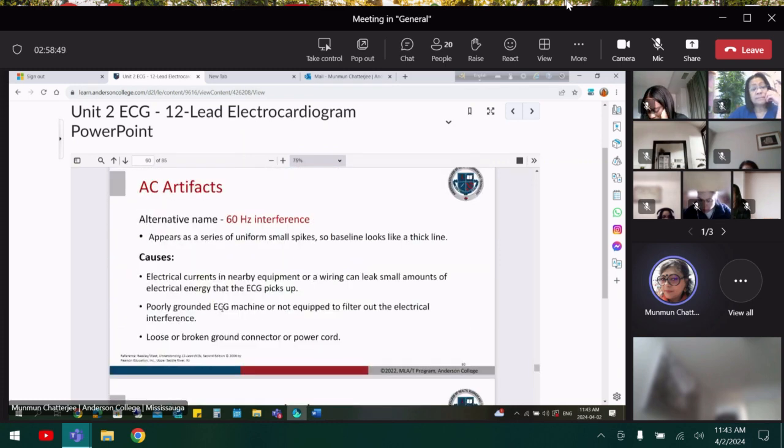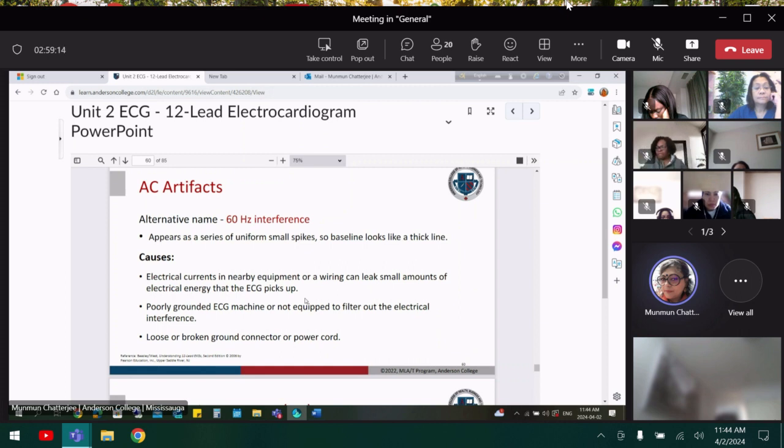AC stands for alternating current, so AC artifacts are alternating current artifacts. The current is not flowing properly. This is mainly due to a problem related to the ECG machine, where it is getting electricity to pick up, so there is interference. What type of interference?